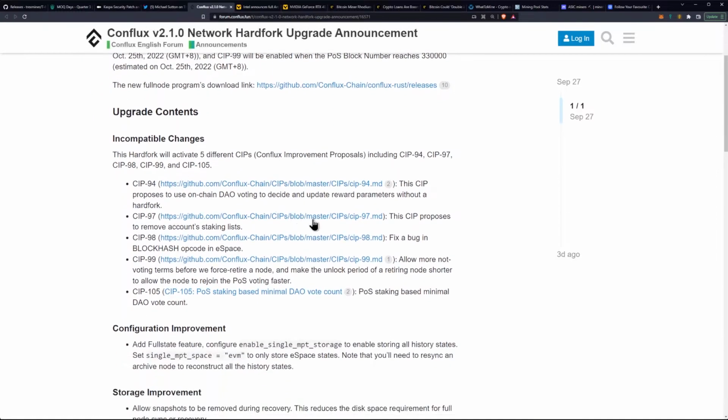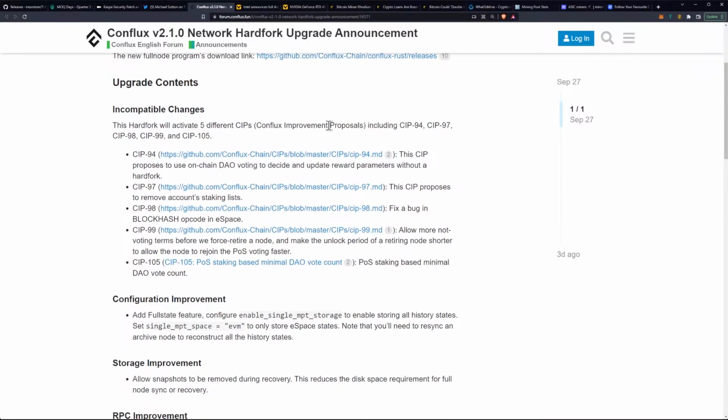This hard fork will activate 5 different Conflux improvement proposals, including CIP 94, 97, 98, 99, and 105. Brief overview of these improvement proposals. CIP 94 proposes to use on-chain DAO voting to decide and update reward parameters without a hard fork. CIP 97 proposes to remove account staking lists.